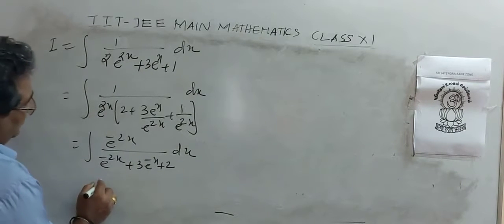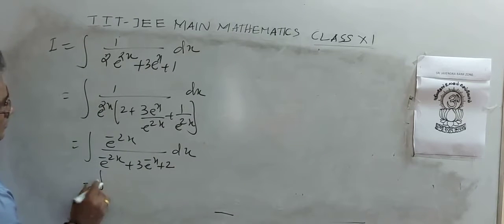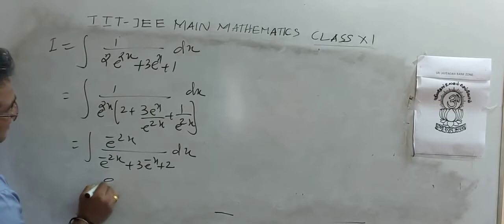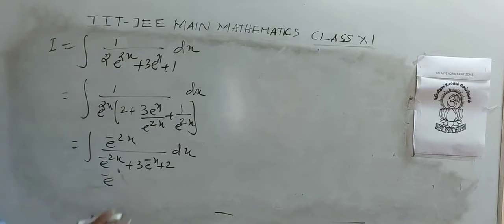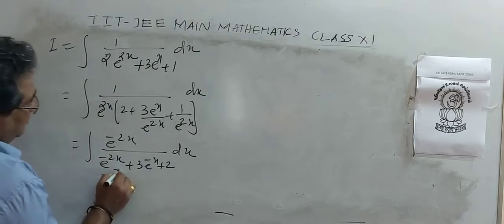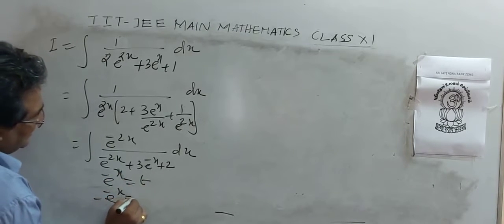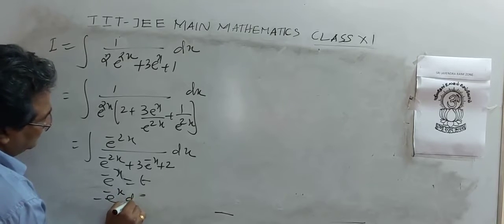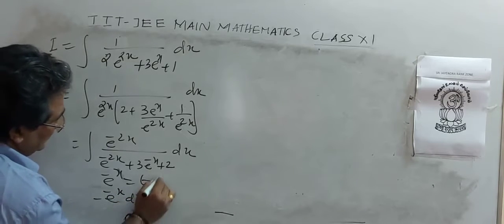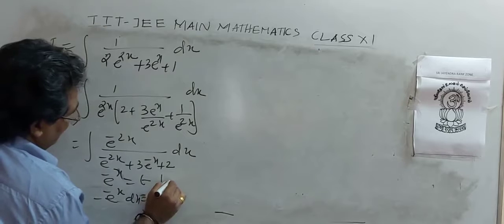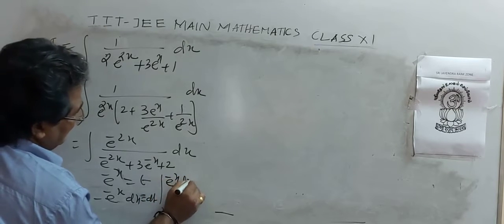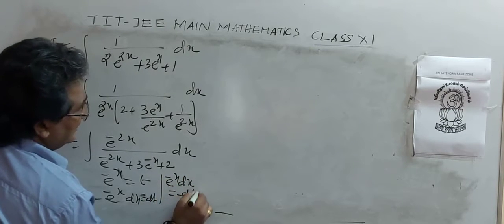So you take e^(-x) as t. Minus e^(-x) dx equals dt, so e^(-x) dx equals minus dt.